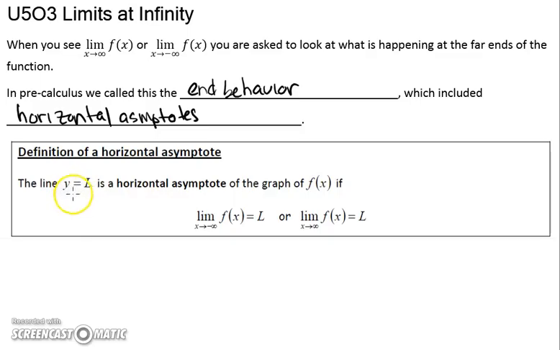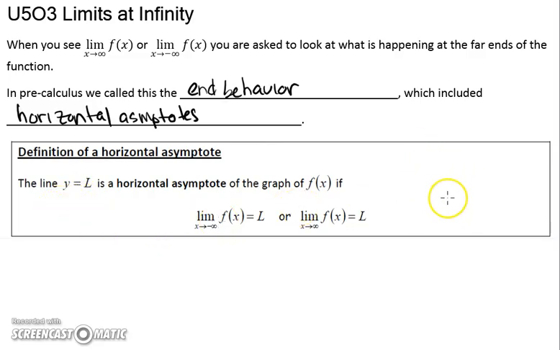So the line y equals L is a horizontal asymptote of the graph of f of x if the limit as x approaches negative infinity of f of x equals L, or the limit as x approaches infinity of f of x equals L. So if one of these things is equal to some number, if we can find the limit as we go to the far ends of the graph, that's going to be a horizontal asymptote.